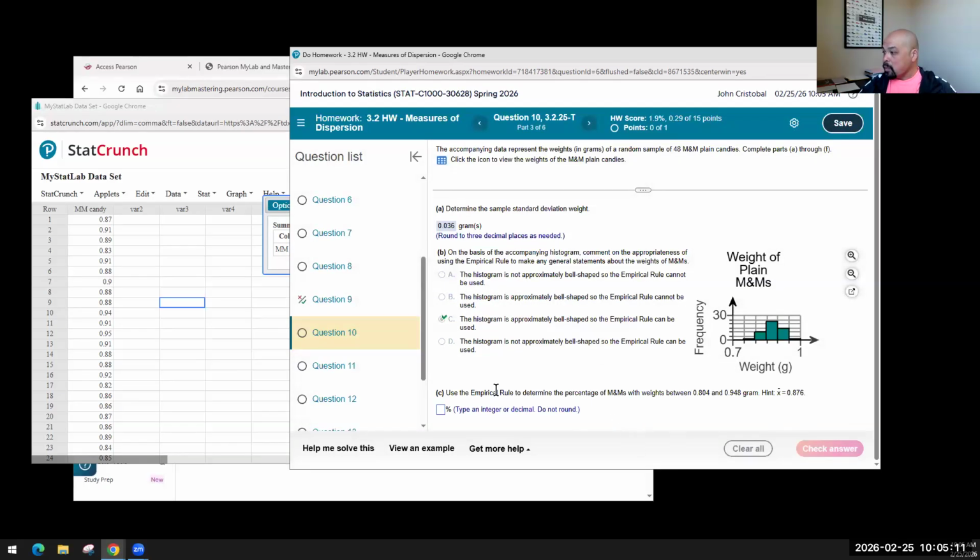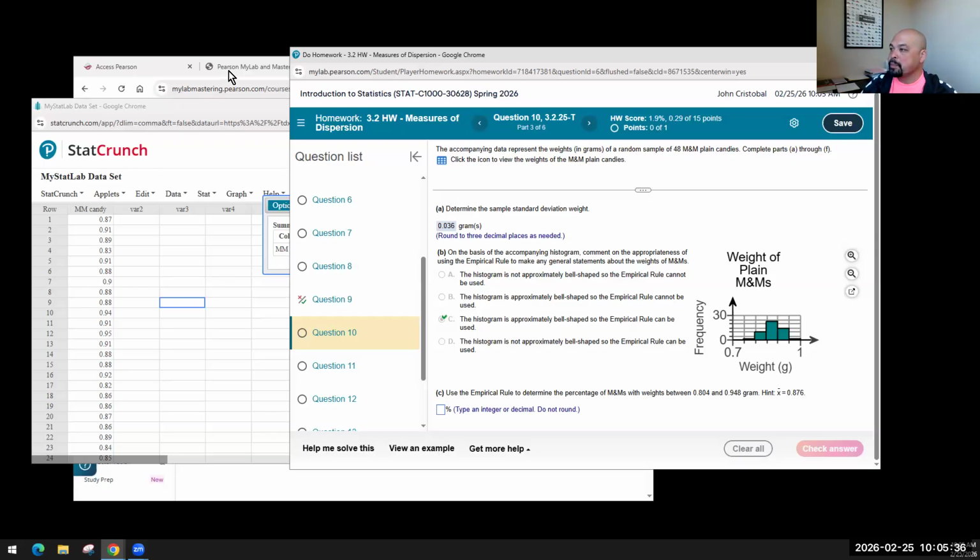And now, in this case, using the empirical rule, determine the percentage of M&Ms with weights between 0.804 and 0.984. Hint, X bar, the mean is 0.876. Okay, so now the empirical rule is talking about how much data, what percent of data is within 1 standard deviation above and below, 2 standard deviations above and below.